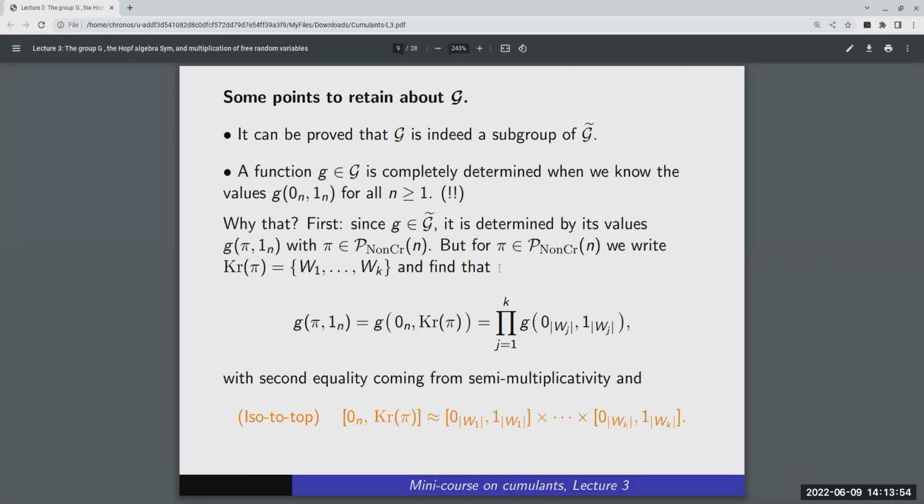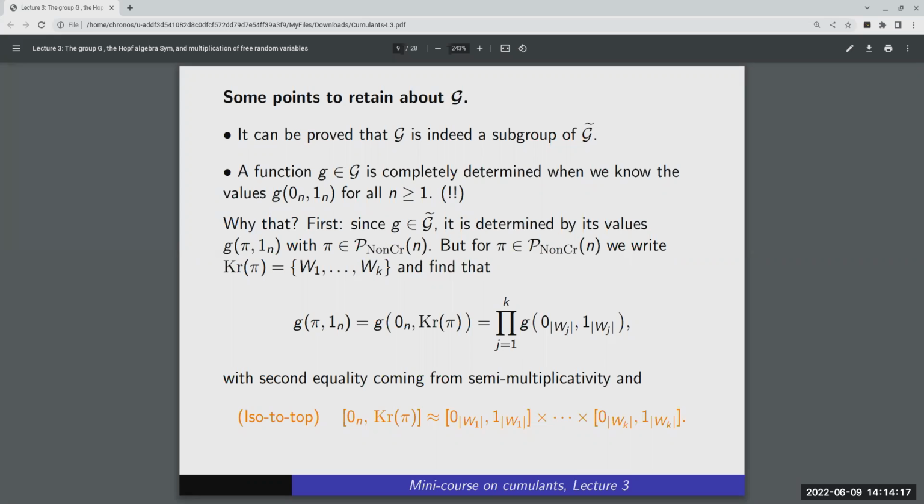But now further, you write this as G of 0 to Kreweras of pi, and the semi-multiplicativity factors it, because this interval factors as a product of things to the top, which are full lattices.